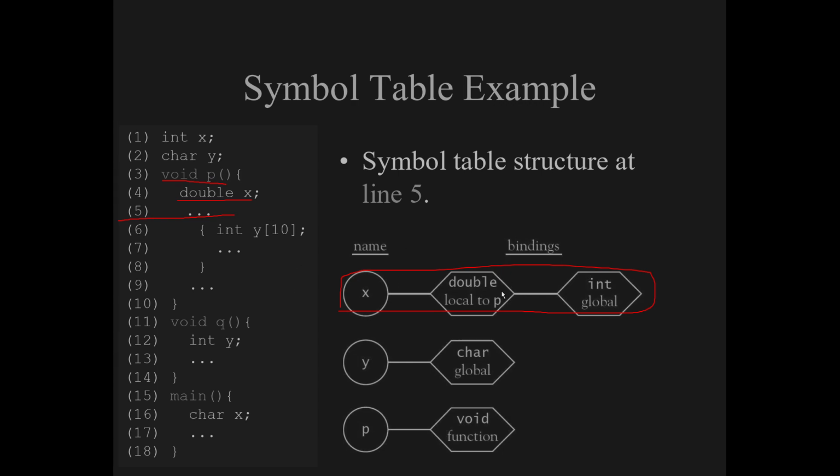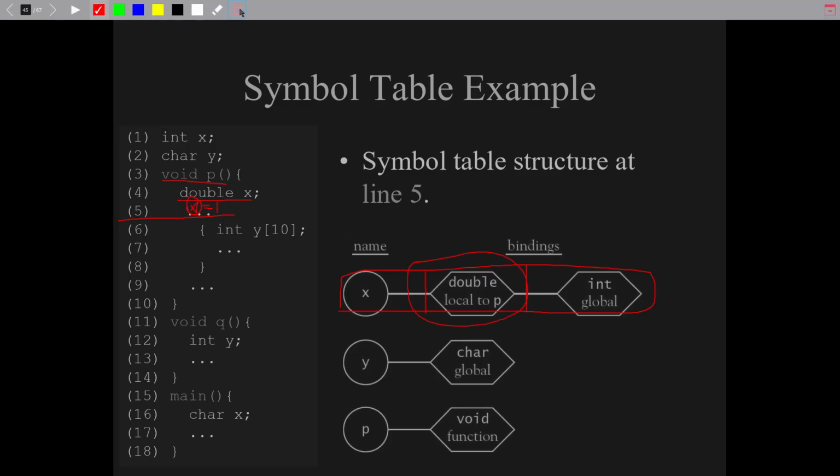The top of the stack is the x you're actually referring to when you say x. So when you say x equals 1, the x you're referring to is the top of the stack, which is the double that is local to p.